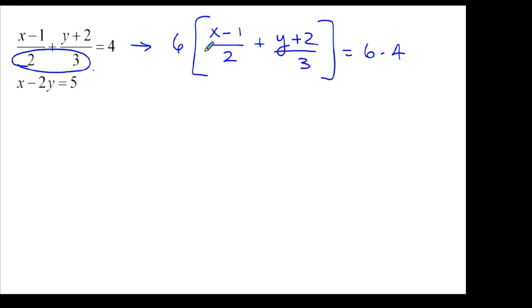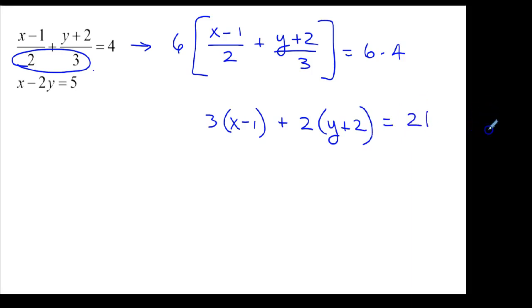6 times the quantity x minus 1 over 2 becomes 3 times the quantity x minus 1. 6 times the quantity y plus 2 over 3 becomes 2 times the quantity y plus 2. And 6 times 4 is 24.